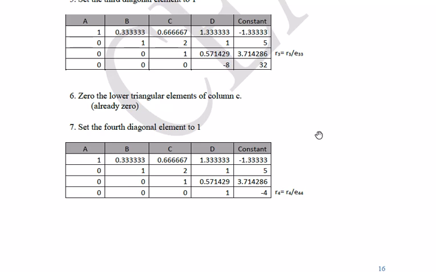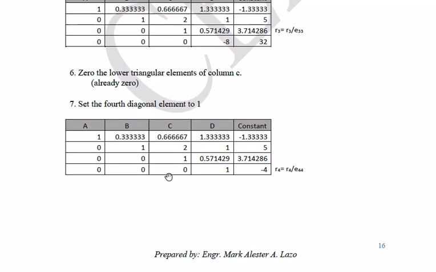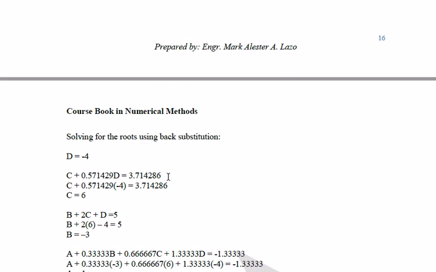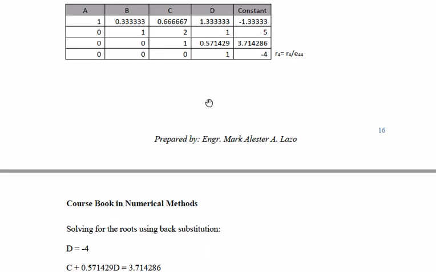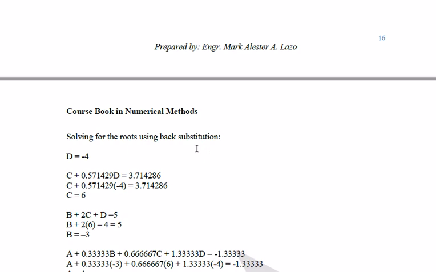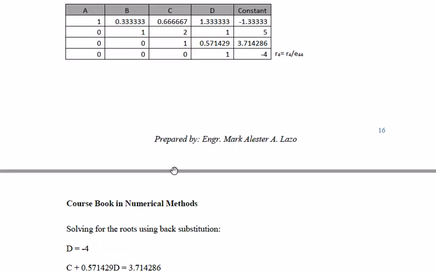So now we have achieved our target: making all the diagonal elements 1 and making all the elements in the lower triangular part of the matrix 0. In order to solve for the values of the unknowns A, B, C, and D, we will be applying the reverse substitution or the back substitution method.